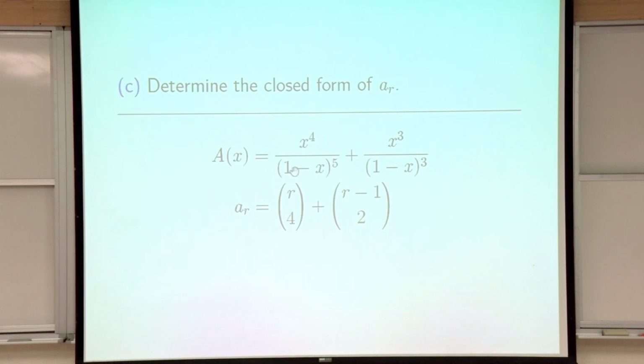So the coefficient is (r minus 4 plus 4 choose 4), with 5 boxes and r minus 4 balls. And this part is similar. So we get a_r equal to (r choose 4) plus (r minus 1 choose 2).